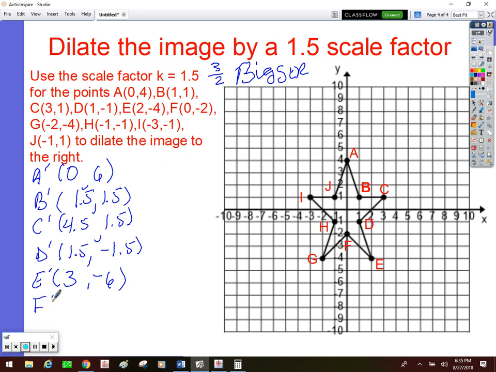Okay. So F prime is 0. That's an easy one because 0 times anything is 0. And then negative 2, well, we haven't done a negative 2, but we have done a positive 2. So if you look at the x coordinate on E, 2 times 1.5 is 3, so 1.5 times negative 2 would be negative 3, right?